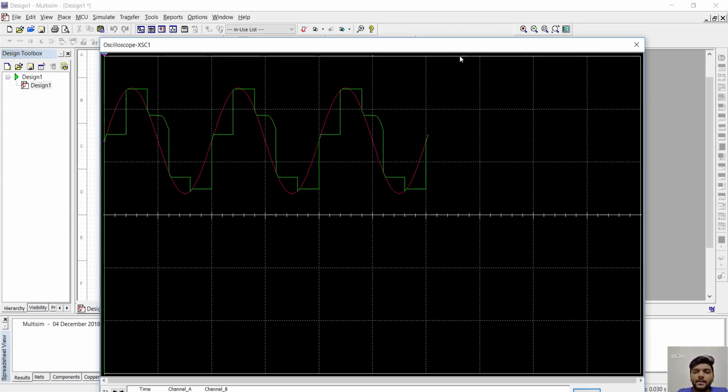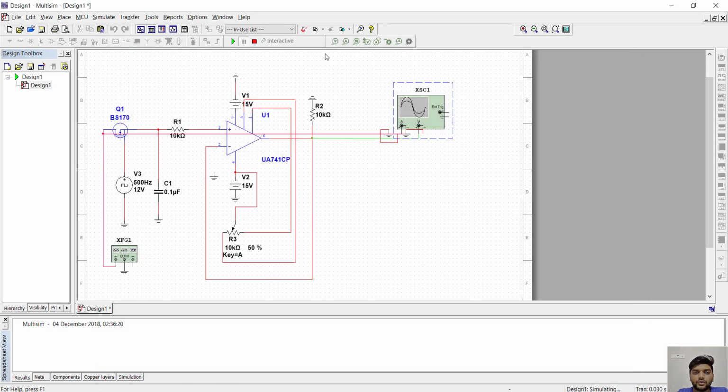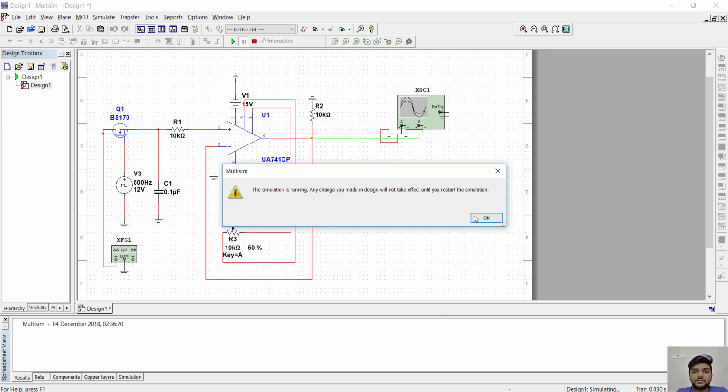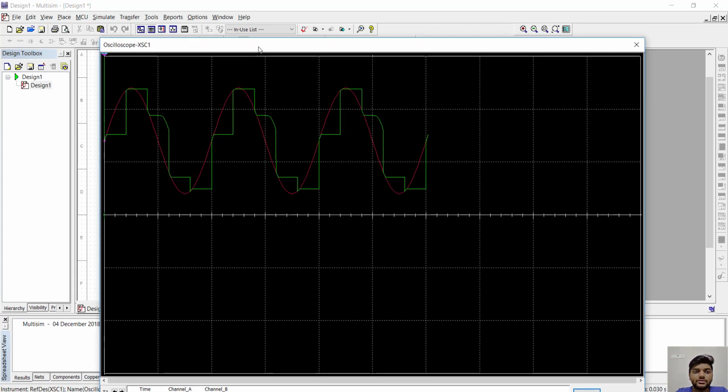So I showed you how we can have more samples in a circuit. Now suppose I take the value of frequency over here as 2 kHz. That is 2000 upon 100, having 20 samples in a single cycle.